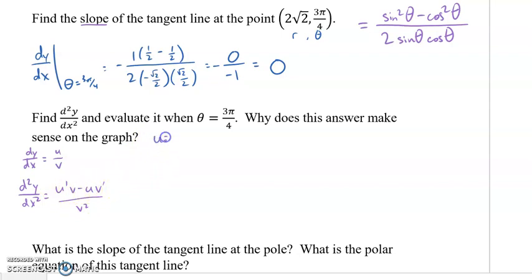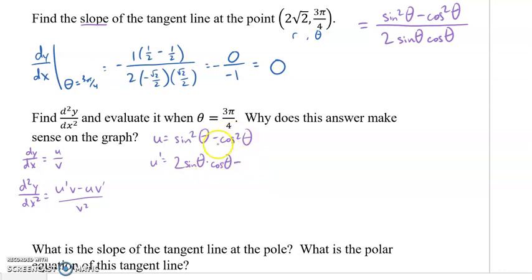So we know that u starts out as sine squared of theta minus cosine squared of theta, which means that u prime is equal to 2, power rule, times the sine of theta, because the argument doesn't change, but the chain rule says multiply by the derivative of the argument. So that's a cosine, right? Derivative of sine is cosine.